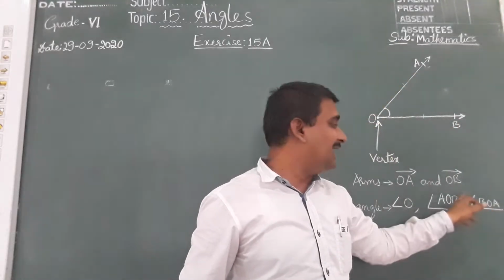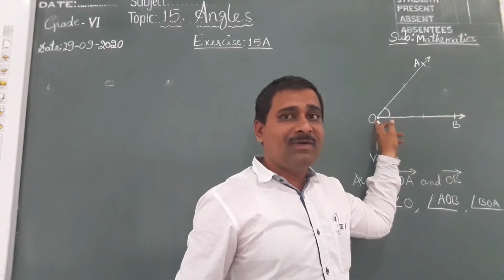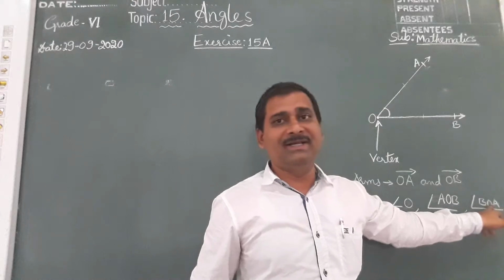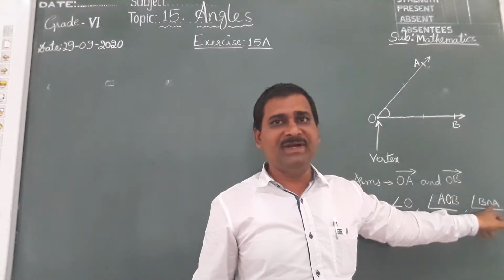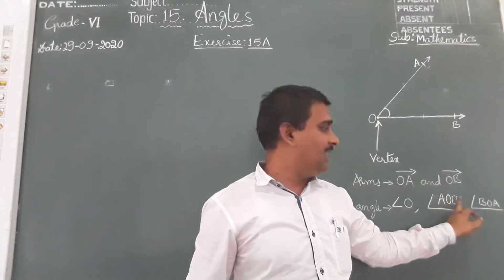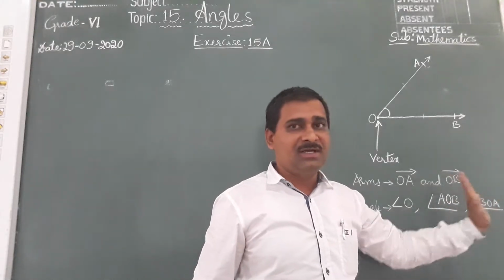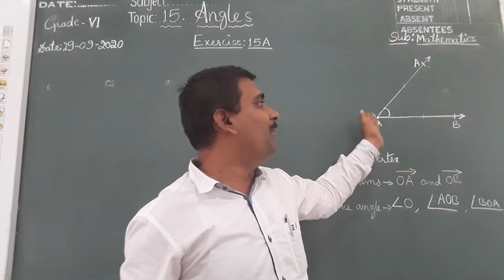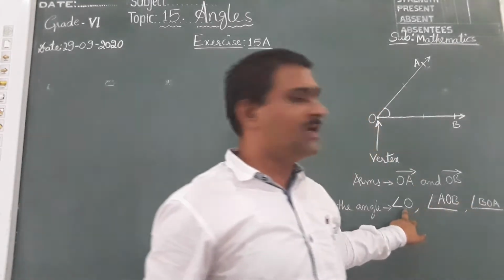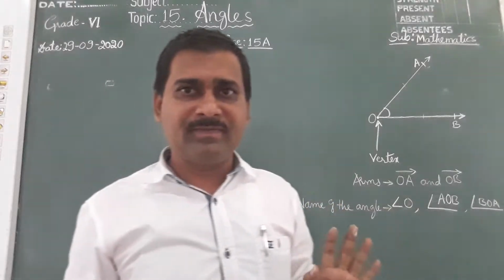The letter of the angle should be at the center. AB, BA you can interchange, but the letter of the angle that is formed should be in the center, or you can say just angle O.